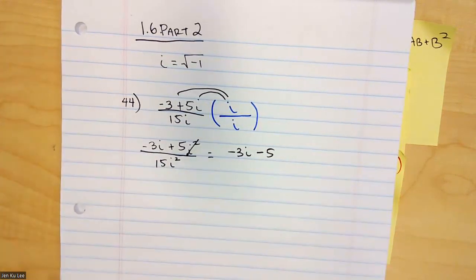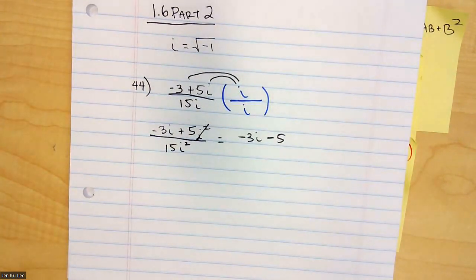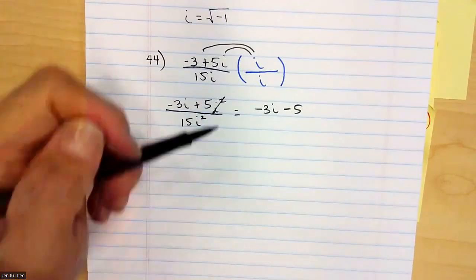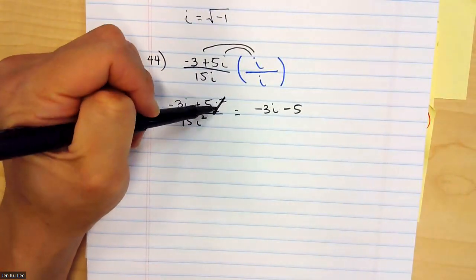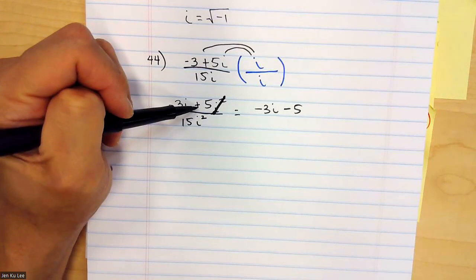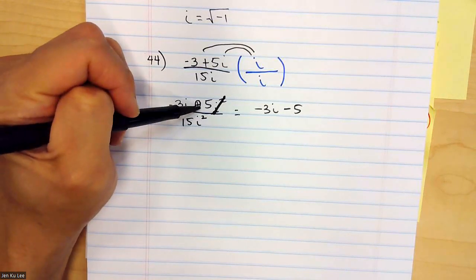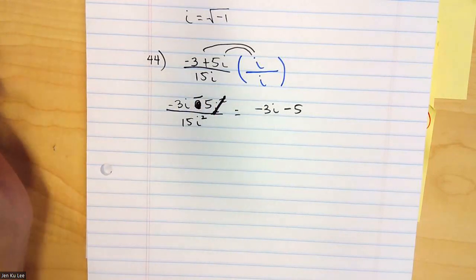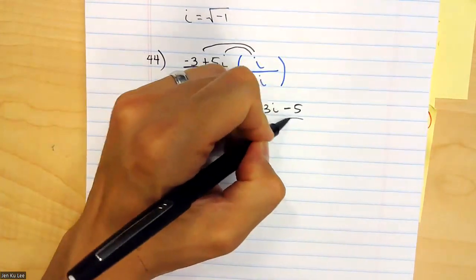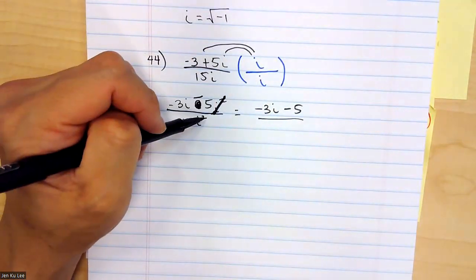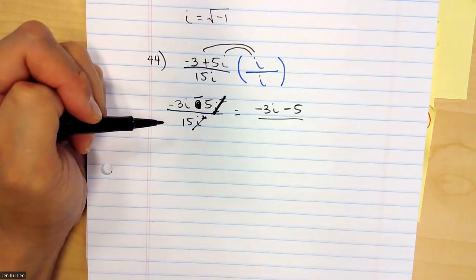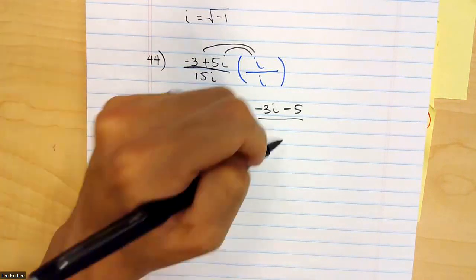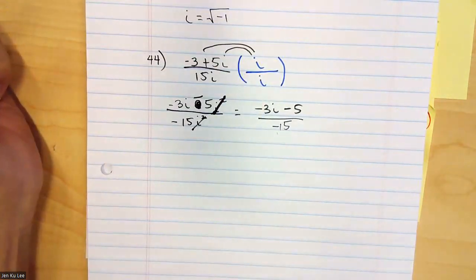Remember we talked about this last class as well. Whenever there's an i squared, all I do is cancel that out, and whatever symbol this is, a plus or a minus, is just the opposite symbol, right? So it's -3i minus 5 over, again crossing off that i squared, -15. Okay?